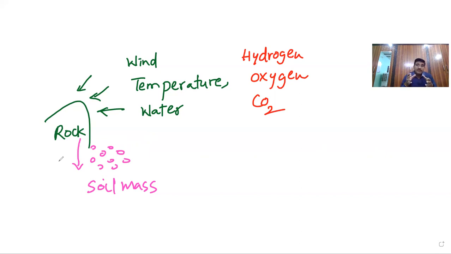But both are from the weathering process. Is it clear? Agents play a role in disintegration of the rock. And when this process of disintegration is taking place, the rock is eroded. That's why this is known as erosion.